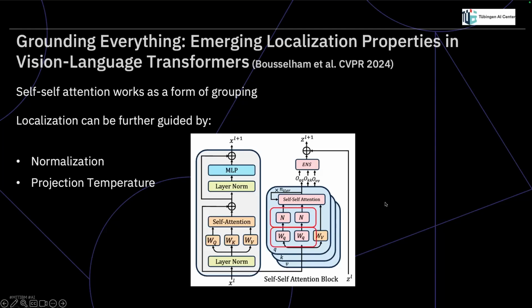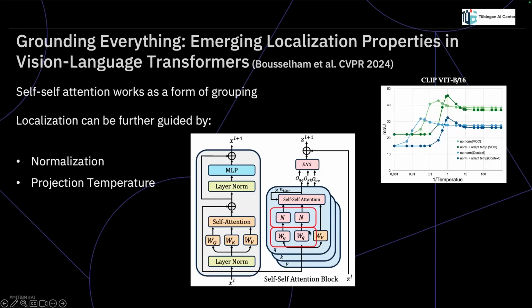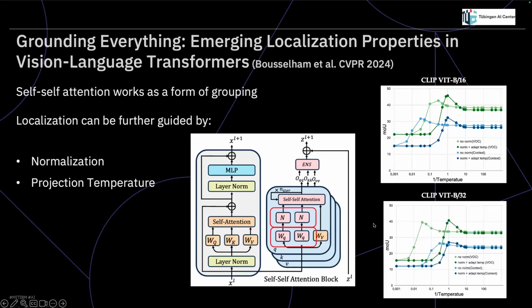The second important thing is that everything that comes from here has a certain temperature, so those weights can be adapted more by adjusting the normalized score that you get here, which we call projection temperature, and this helps to normalize the whole process.